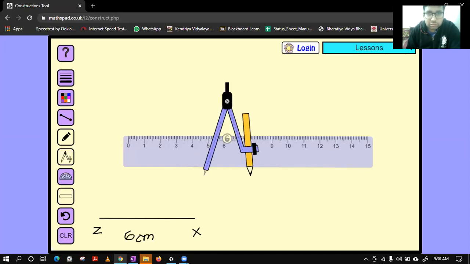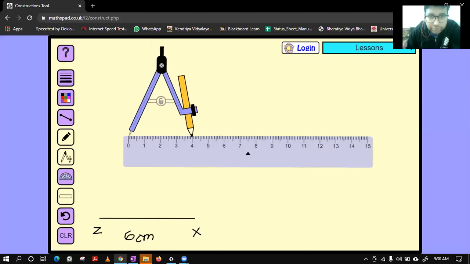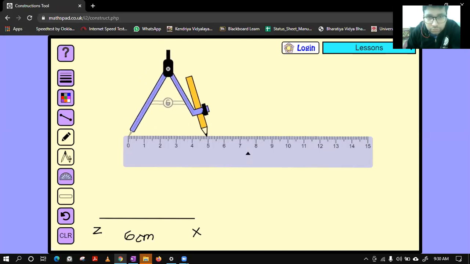Take your compass, keep on 0, one second, open till 5, we are going to draw the arc for the side YZ.